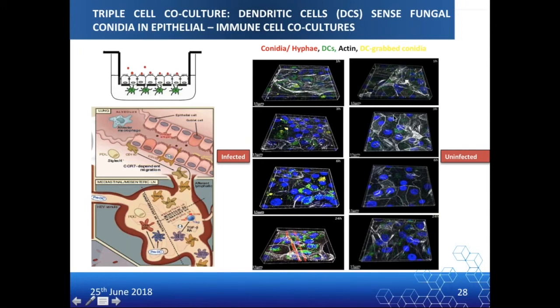This was not the case in an uninfected control, where we did not see any migration of dendritic cells to the apical side at all. So in this primary system, you also do not see any unspecific activation of the immune cells which were added to the basolateral side.